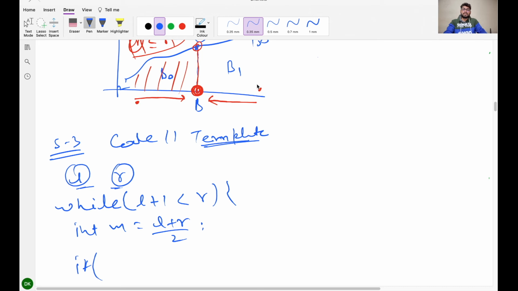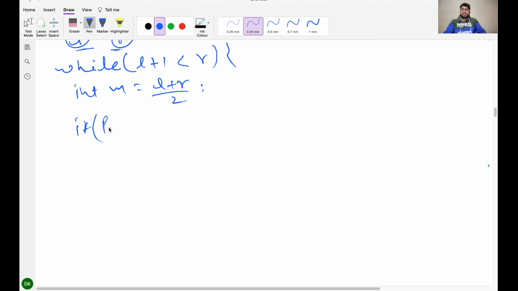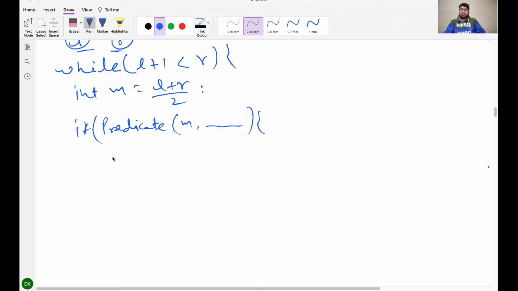For this I call a function whose return type is bool. I call it the predicate, and pass the parameter M, and depending upon the question, other parameters.